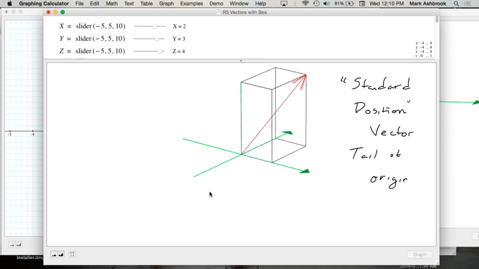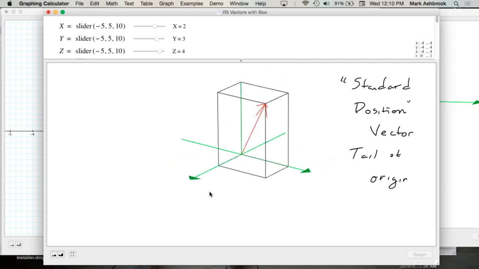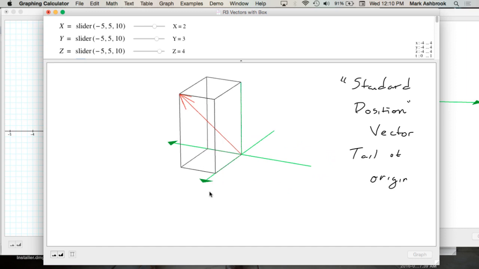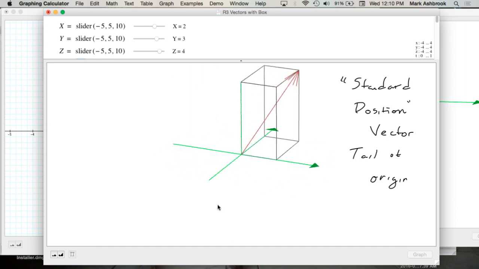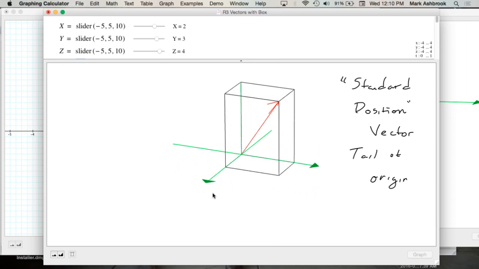And what octant is the tip in for 2, 3, 4? First octant, right? All x, y, and z are all positive. So this box that I've drawn to see it, this box is in the first octant. Okay? That's all I should have showed you, right?